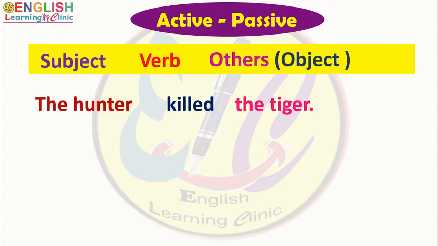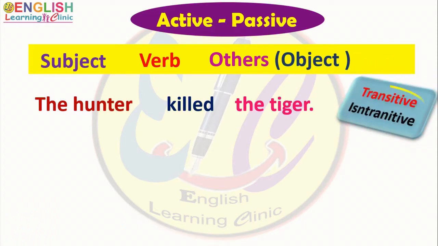What is a transitive verb? Transitive verbs are those verbs which take an object after them. Now, first let's judge whether the verb kill is transitive or intransitive.